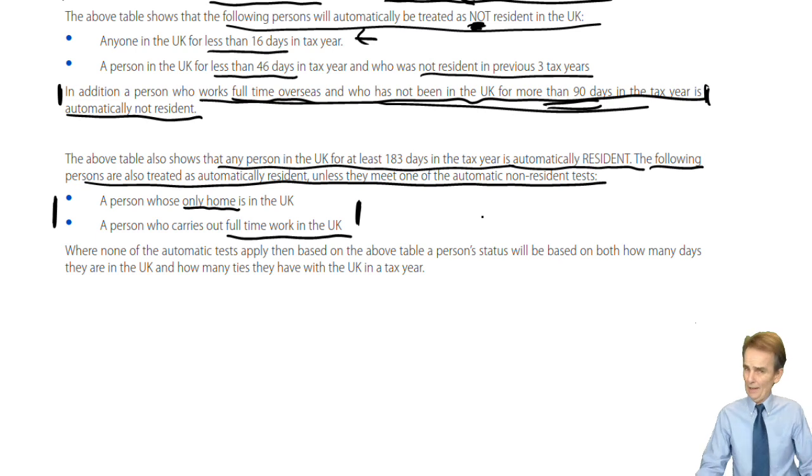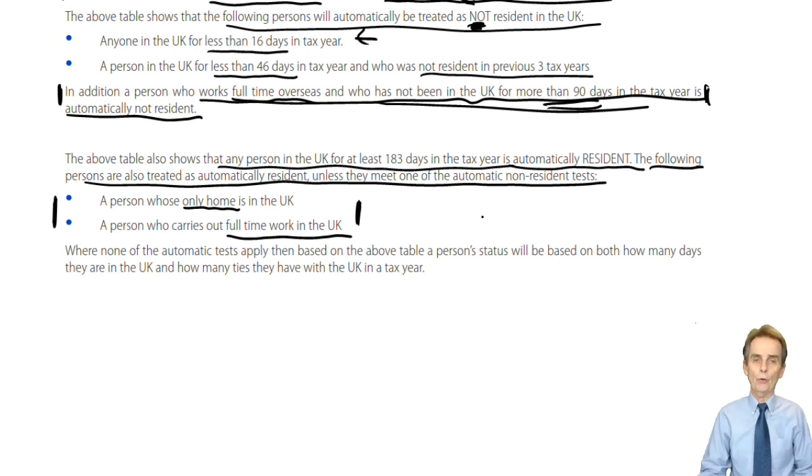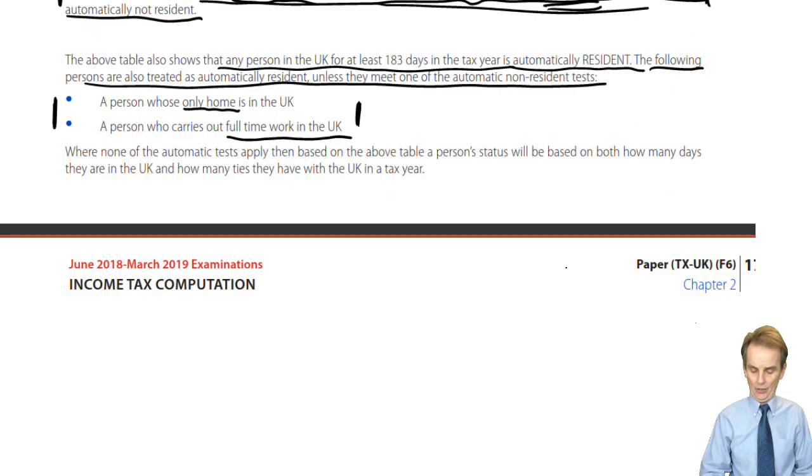If, as is quite likely in a question, you are dealing with a taxpayer who isn't automatically not UK resident and isn't automatically UK resident, so the number of days in the UK and their status does not make them automatic one or the other, then it is about the ties tests.